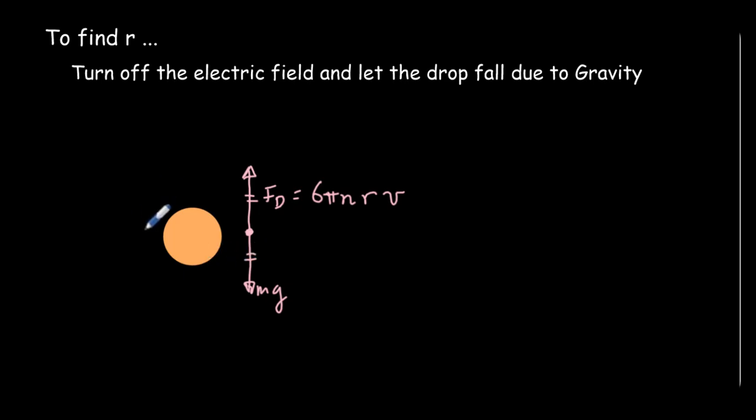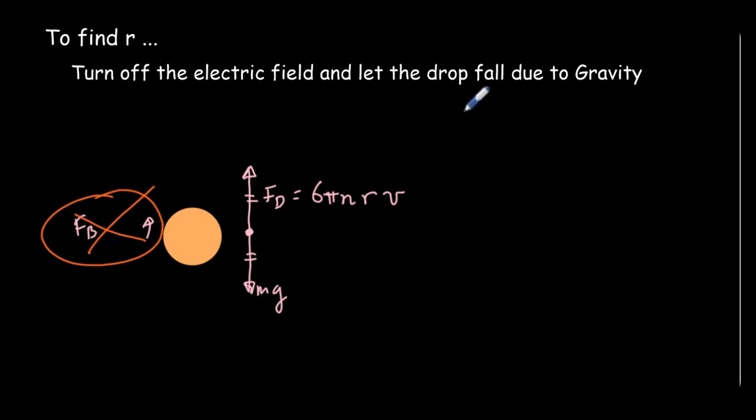Now there is a buoyant force involved, F_B for buoyant, but it turns out to be very small compared to the drag force, at least when the drop is moving at that terminal speed. So we're going to eliminate that. It'll be left as an exercise for you to figure out what happens when we include the buoyant force, how the formula changes essentially.